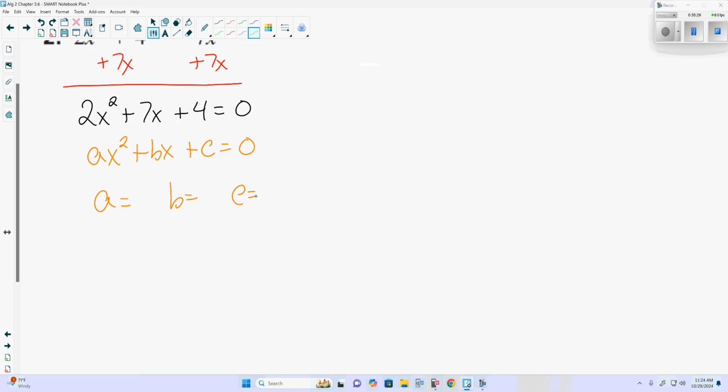All right, guys. We're gonna finish this last problem and we're done for the day. So, 2x squared plus 7x plus 4. Our value of A in this case is positive 2. B is positive 7 and C is positive 4.